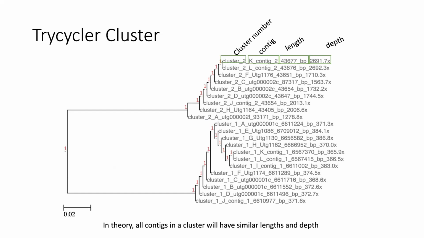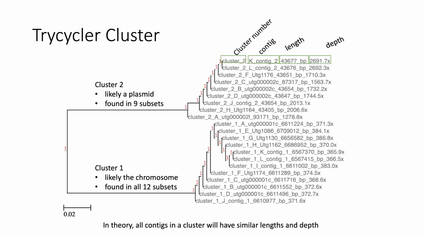So in this example I'm showing you, this is a very simple example. This is cluster 1. It's likely the chromosome. This is found in all 12 subsets of subsampling. This is cluster 2. It's probably a plasmid. And I say this because its depth is higher and its length is shorter. And it's found in only 9 subsets.